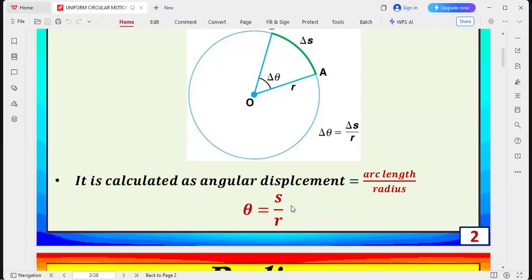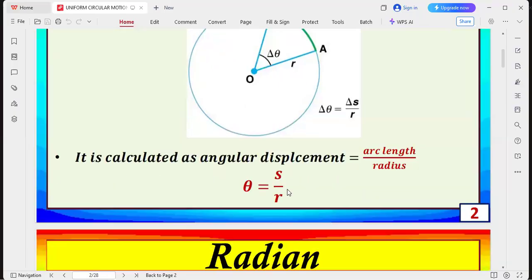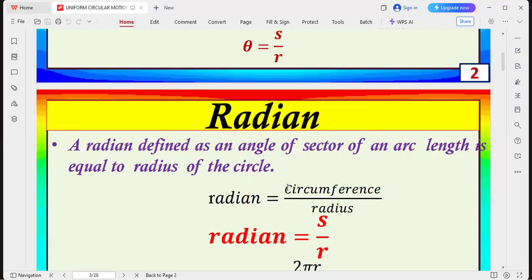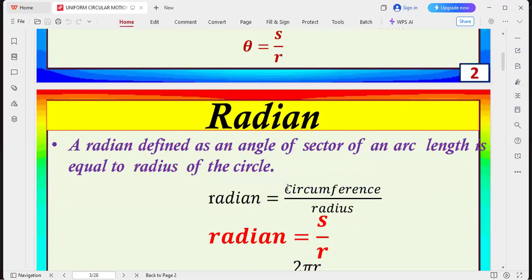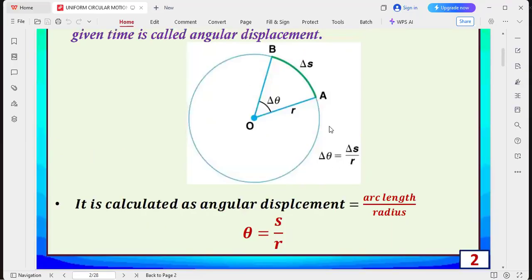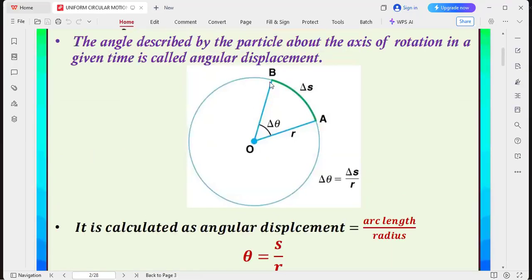So this is the formula, theta equals S over R. You should also be able to define what a radian is. When R equals S, suppose this distance here from A to B is equivalent to the radius of the circle, then the angle subtended at the center of the circle is 1 radian.